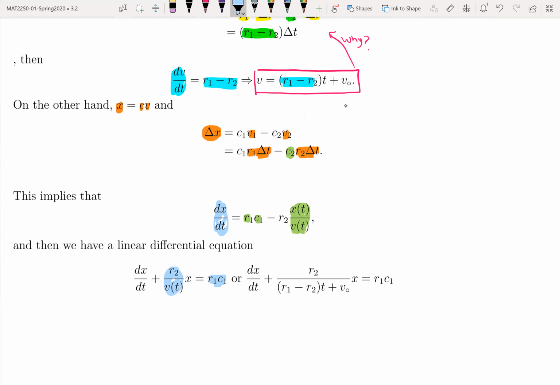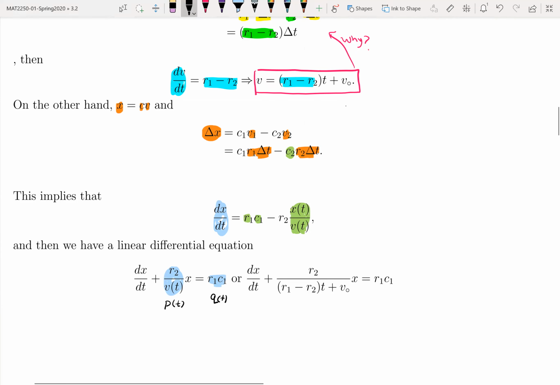This function multiplying the unknown is going to be your p of t, and this is a standard first order differential equation.